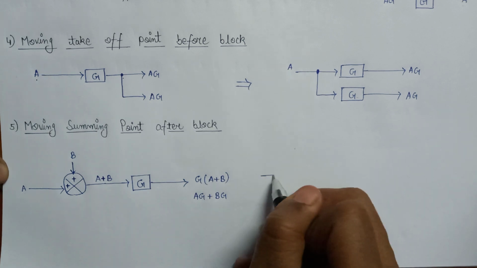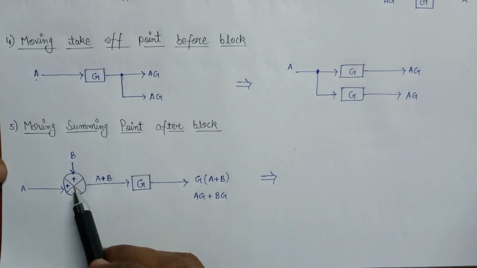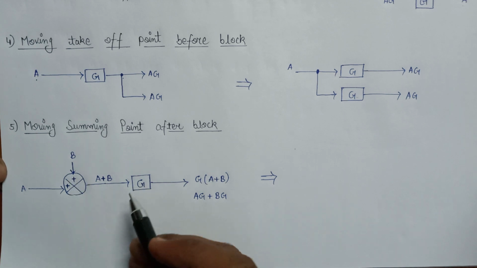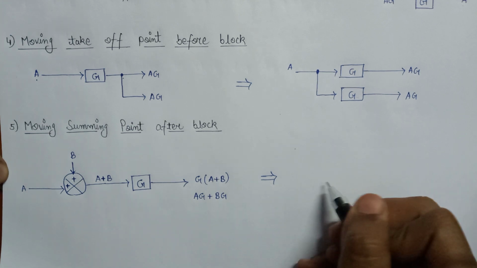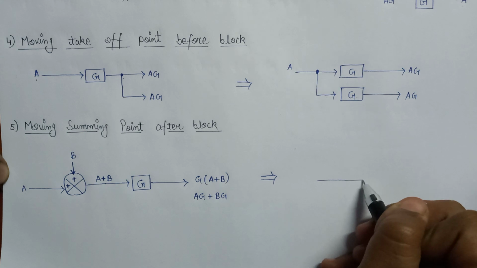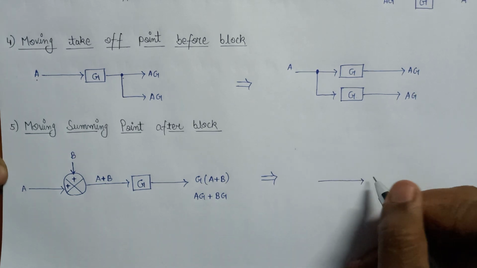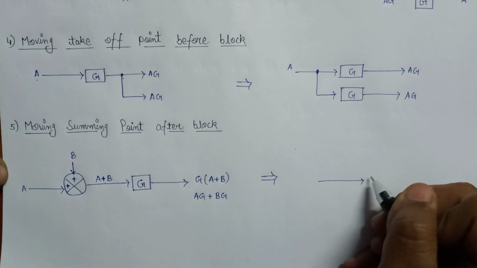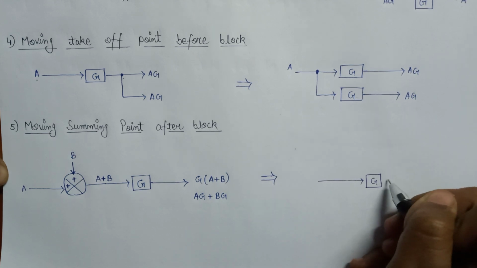Now if we shift the summing point after the block, then what will happen? After shifting the summing point after the block, our circuit will look like this.